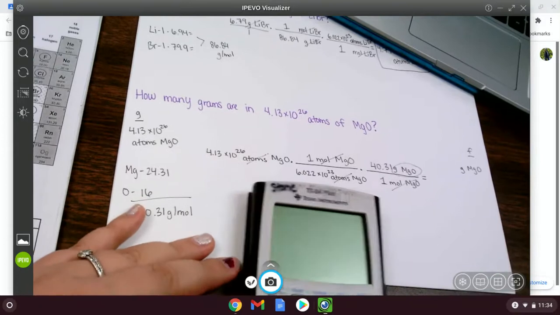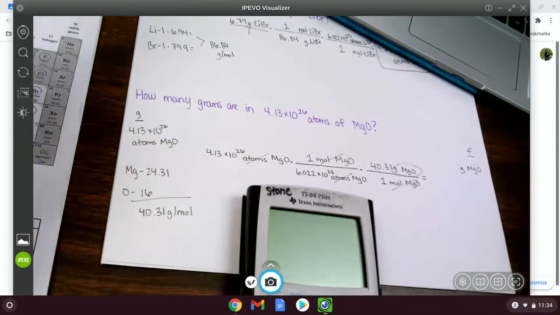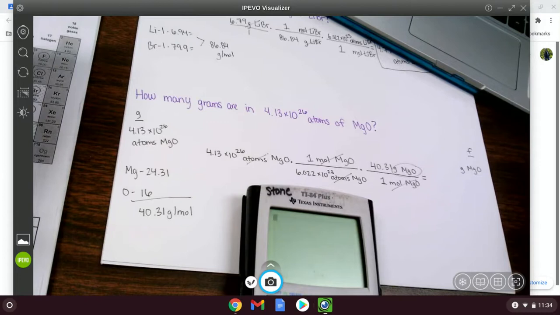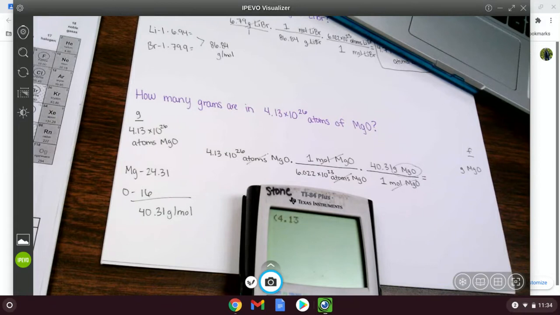Here we go. Here's the math. Everything on the top gets multiplied. Everything on the bottom gets multiplied. Then we divide. So, parentheses, 4.13, second, comma, to get that E, 26. Close parentheses. New parentheses, 40.31, close parentheses. Enter. You get this number, which is in scientific notation. That's perfectly okay.